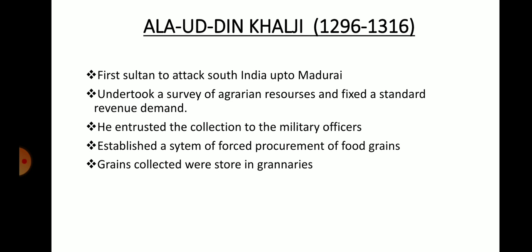And also he established the forced procurement of food grains, that is, by force taking the grains and storing them in the granaries. Okay, he used a force system. He was a cruel king.